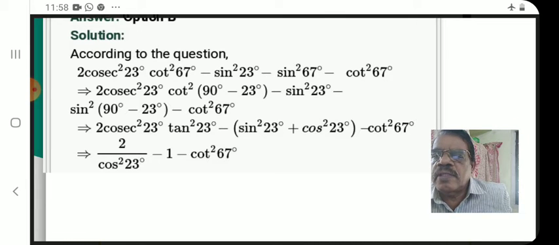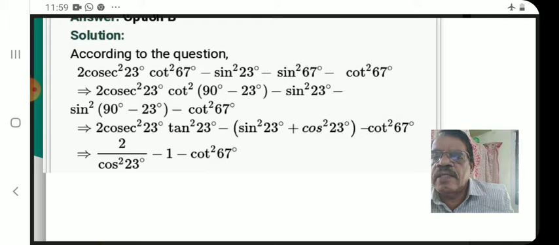So cot square 67 can be written as cot square of 90 minus 23. Then we repeat minus sin square 23. Then sin square 67 we also write as 90 minus 23. Then cot square 67 is written as such; that we can simplify later.